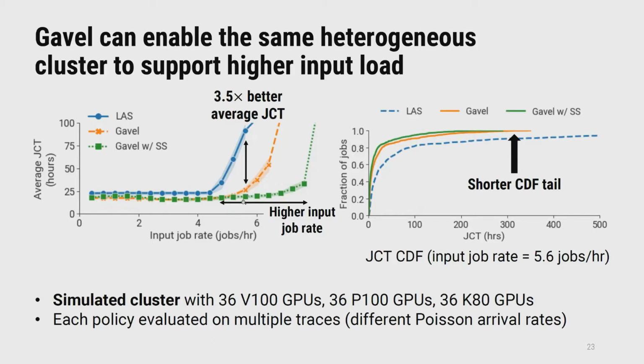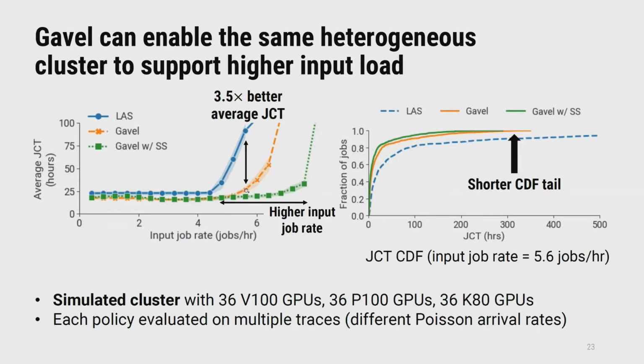And you can see that when you increase the job incoming rate to some threshold, it means you are now oversubscribing the cluster. You have jobs that are not satisfiable in the current cluster, so you have to put some jobs into the waiting queue. Then, if you use LAS, the average job completion time is pretty high.